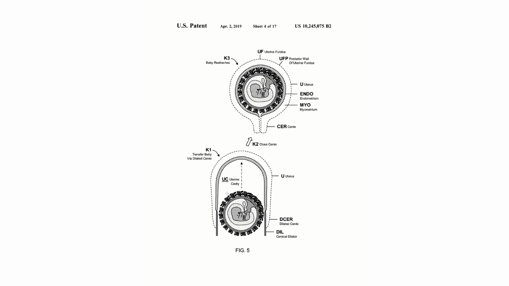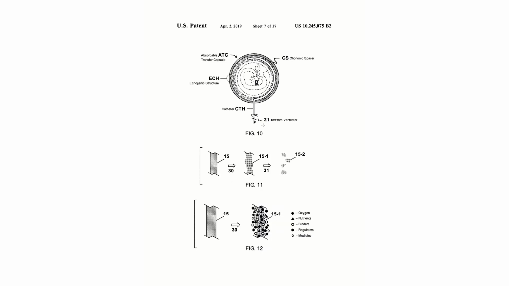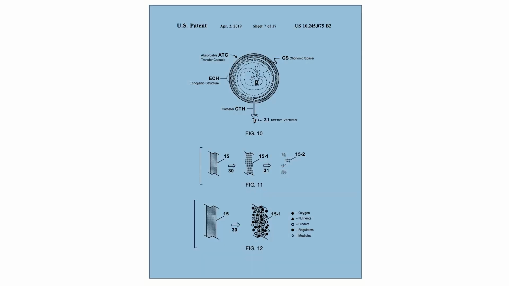You can do a bare transfer where the baby is just put in without a capsule, but the larger the baby gets, the more you're going to want to use a capsule. You close the capsule around the baby, and you're going to put a catheter inside the capsule.